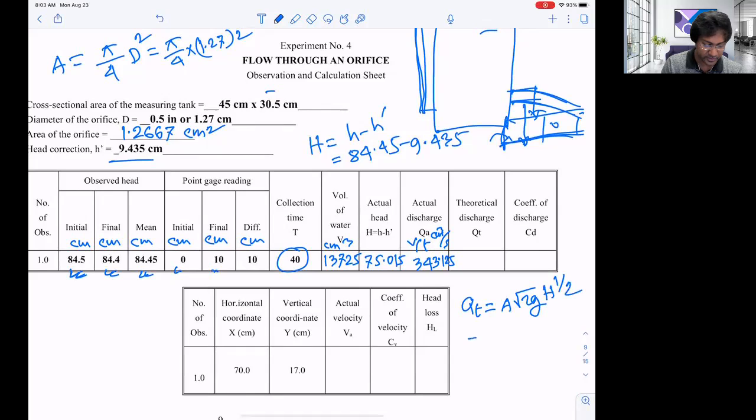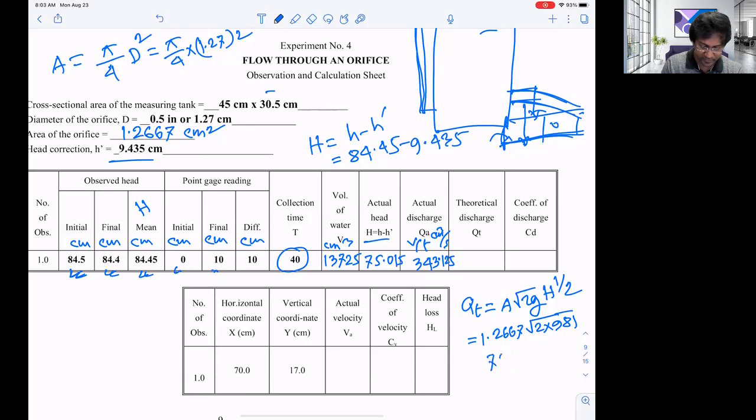So we know the area is 1.267, and we know 2 into 981 in centimeter per second square, and we know the head, that is H, basically the actual head. Not after correcting the head, that is not the one I need to use. That should be the actual one.